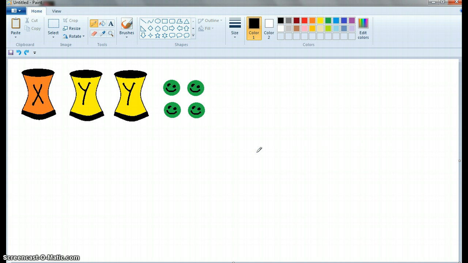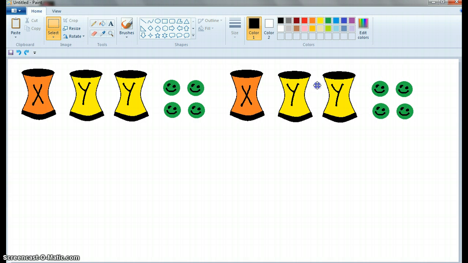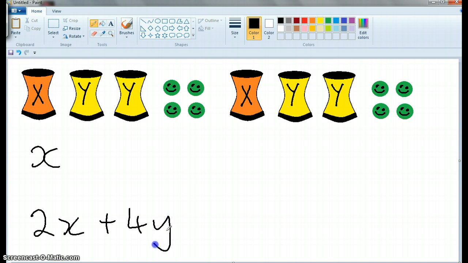And I've probably started a bit too complicated, but I'm going to grab this, Control C, Control V, and I've doubled it. Okay, so now what have I got? What's my expression for the total number of buttons? 2x plus 4y plus 8.